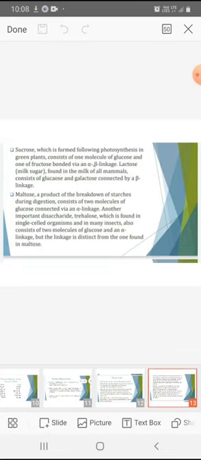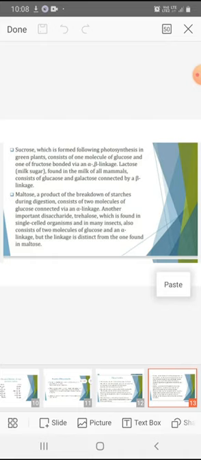Sucrose, which is a product of photosynthesis in green plants, consists of one molecule of glucose and one of fructose bonded via alpha and beta linkage. Lactose, found in the milk of all mammals, consists of glucose and galactose connected by beta linkage. Maltose, a product of the breakdown of starch during digestion, consists of two molecules of glucose connected by alpha linkage.